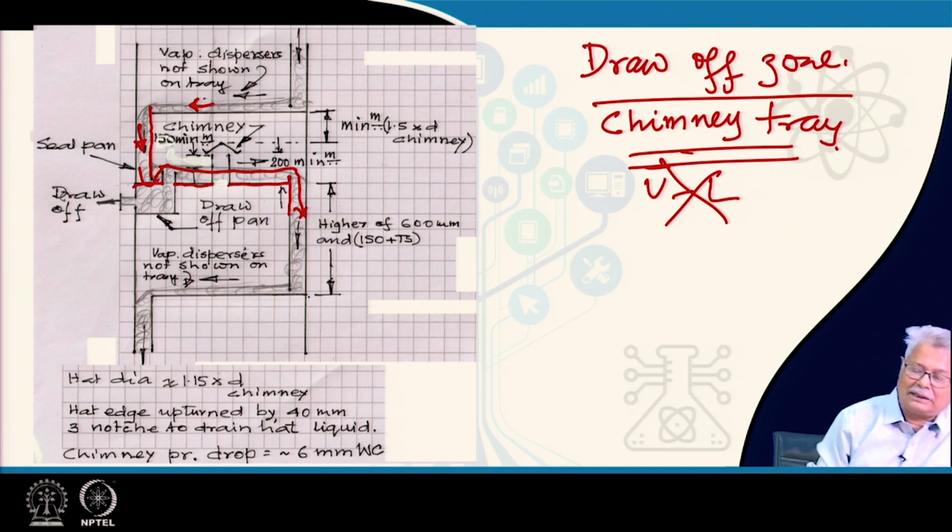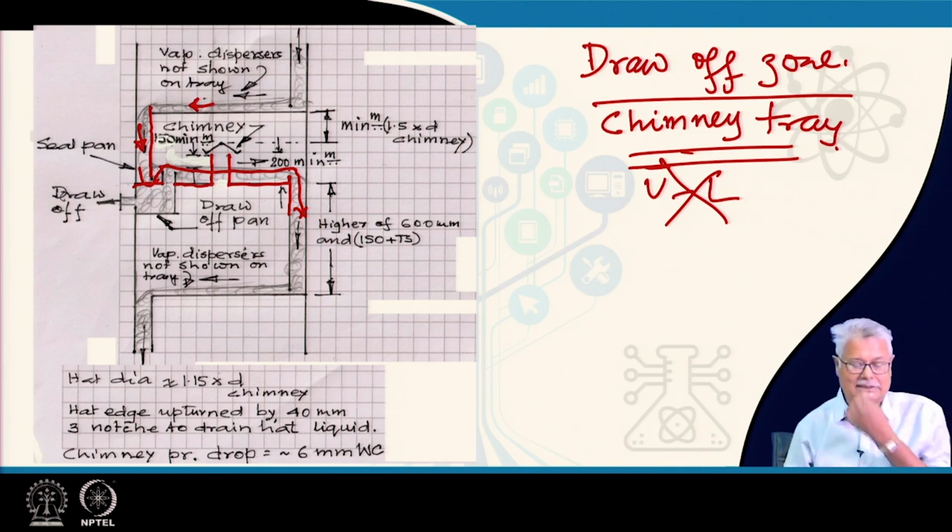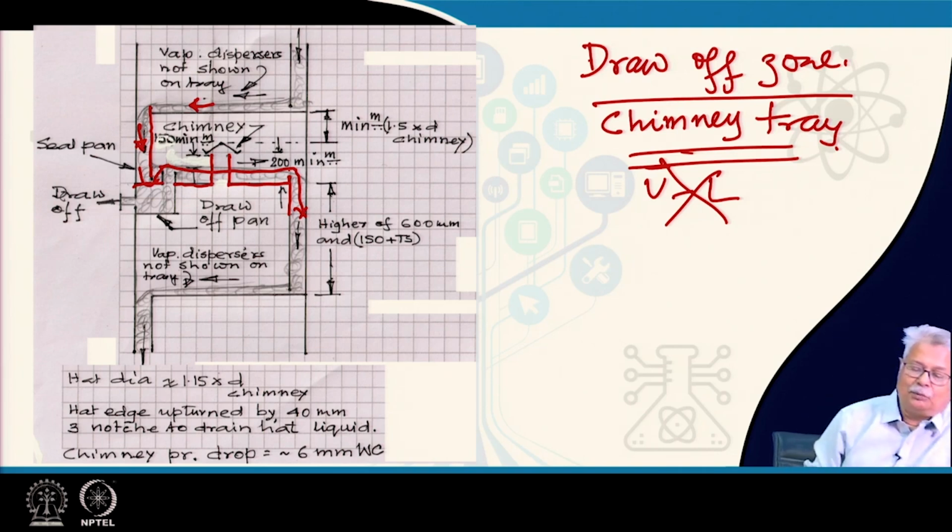So, what is done? You have long nozzles going up. Typically, the minimum height is 200 millimeters. It is more than 6 inches, you will notice 6.5 inches minimum, with a hat. This simply, the hat is provided. The hat is not just a hat which goes like this, it has got an upturned end also.